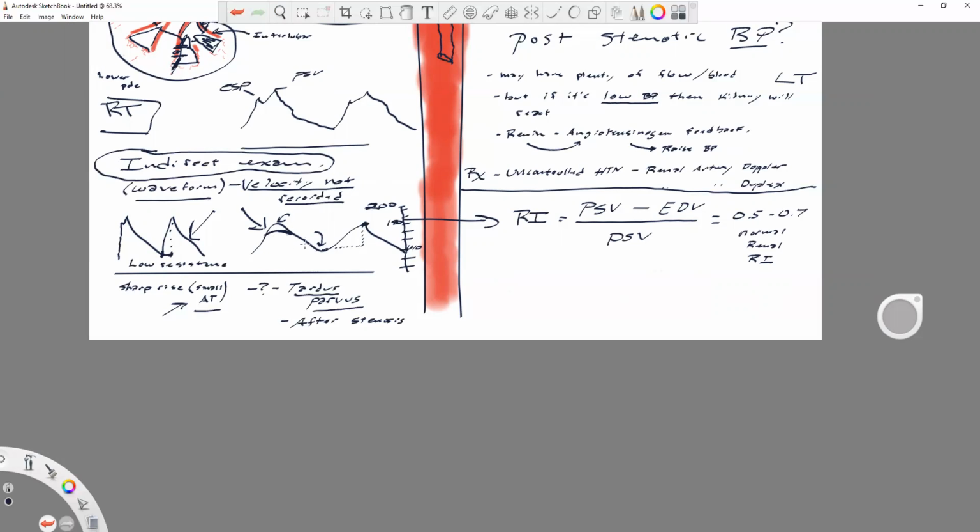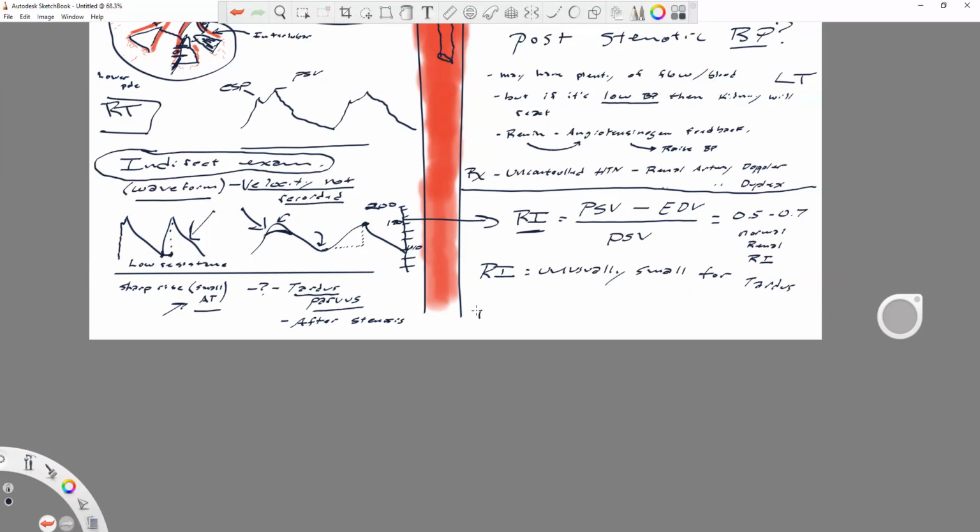And when that's muted, it can get close, and if you continue to have low resistance flow, your RI will go down. So RI will be unusually small for tardus parvus. So that's another way of looking at whether or not it's tardus parvus. The RI is too small.